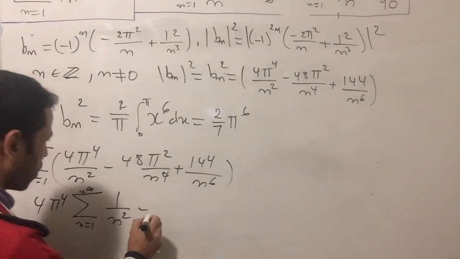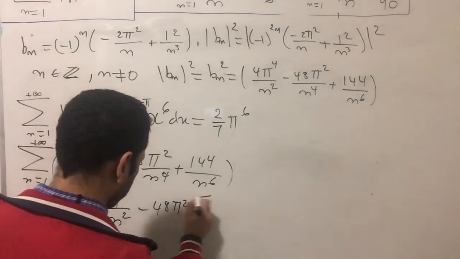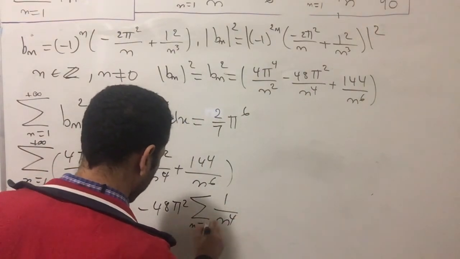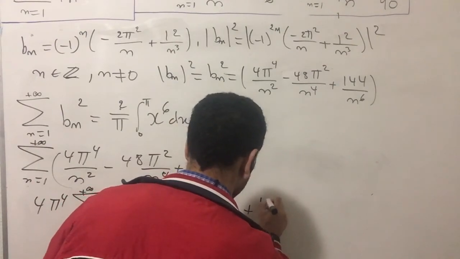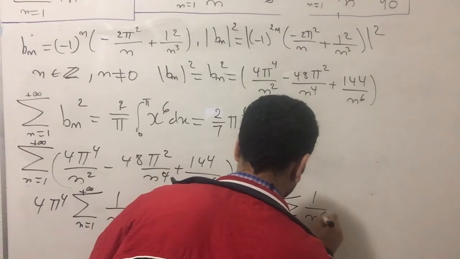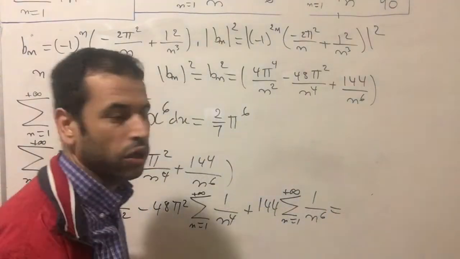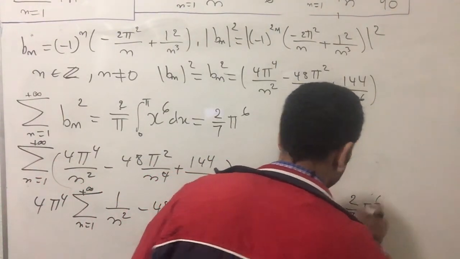The second sum, I will have minus 48 pi squared multiplied by this sum, 1 over n to the 4th as n goes from 1 to plus infinity. The third sum, I will have 144 multiplied by 1 over n to the 6 as n goes from 1 to plus infinity. The whole thing equals 2 over 7 pi to the 6.